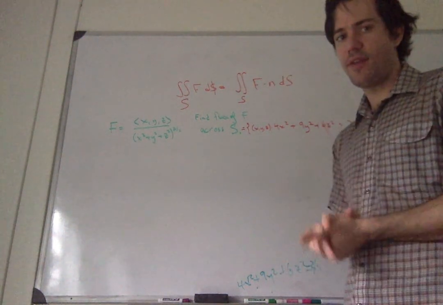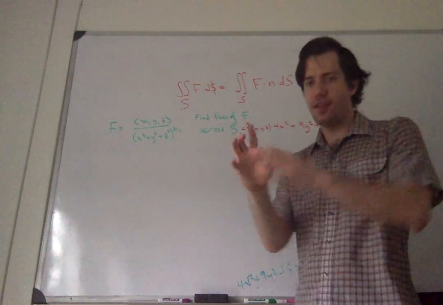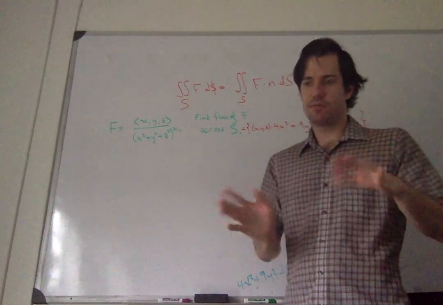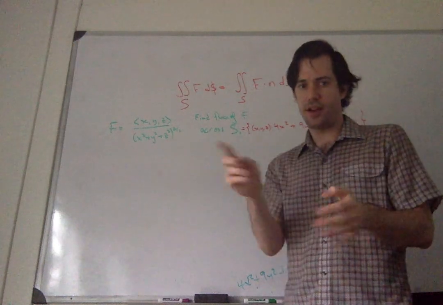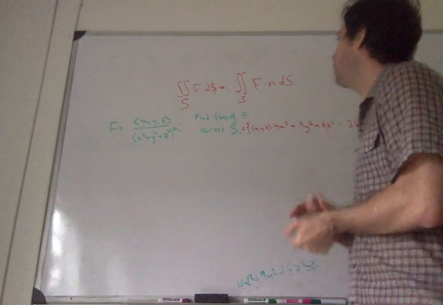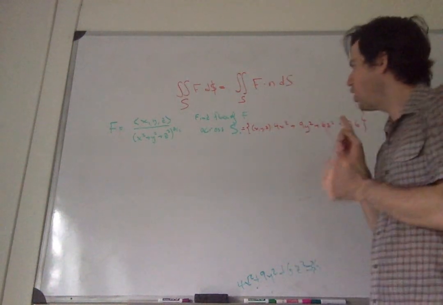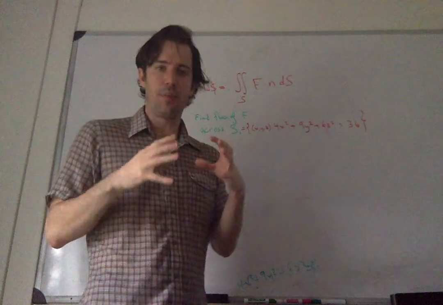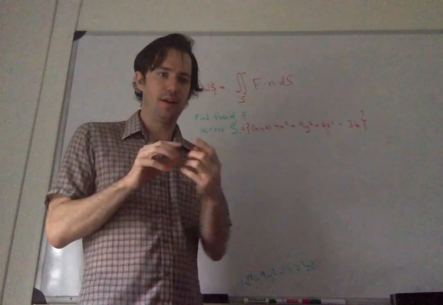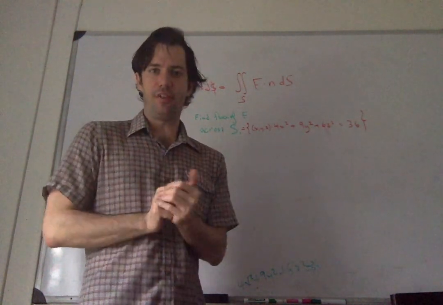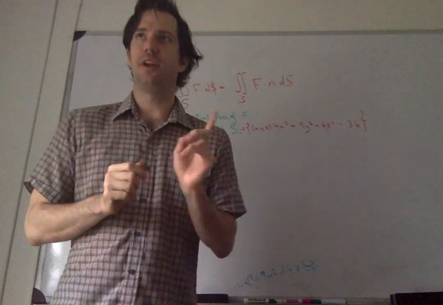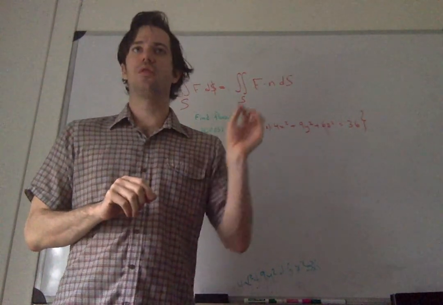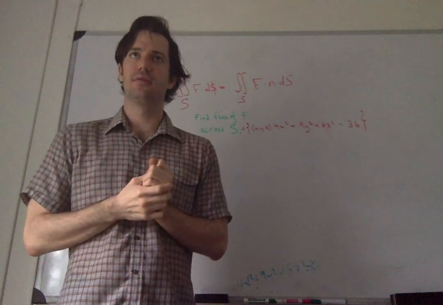But when you have a curved surface, just as the surface is curving, so does the normal vector. So we need to find the normal vector on an ellipsoid. Now, if you have a perfectly round sphere centered at the origin, the normal vector at every point on the sphere is just going to be x, y, and z, right?